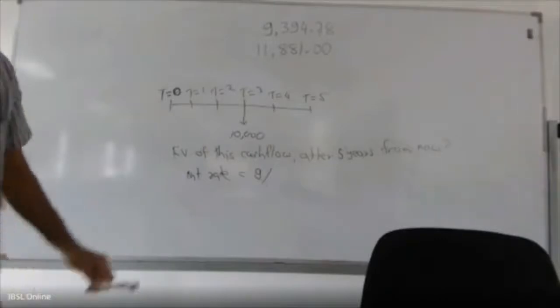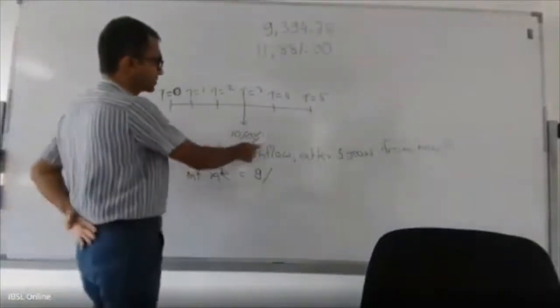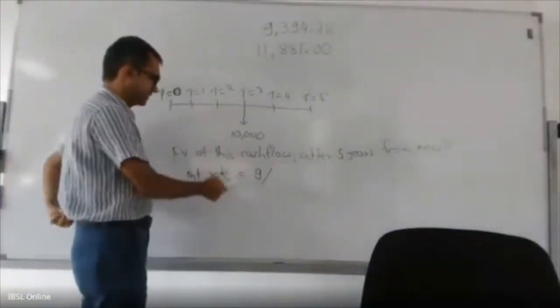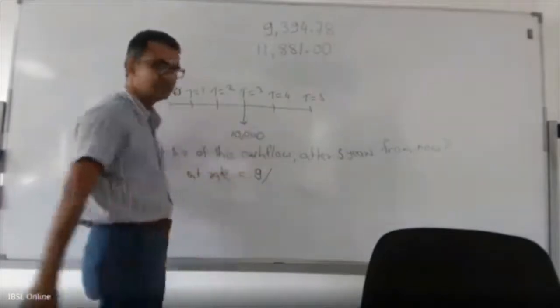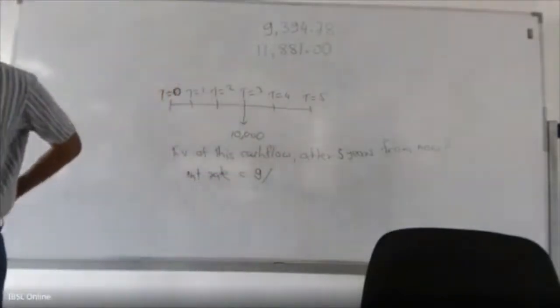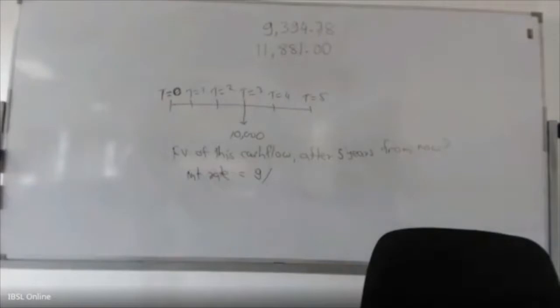Sir, I'm sorry, sir, it should be 11,881. Yes. Why can it not be this 9,000? It cannot be less than 10,000 because this is the present value. When the interest rates are positive, the future value should be more than that. So those are the things that I am telling.